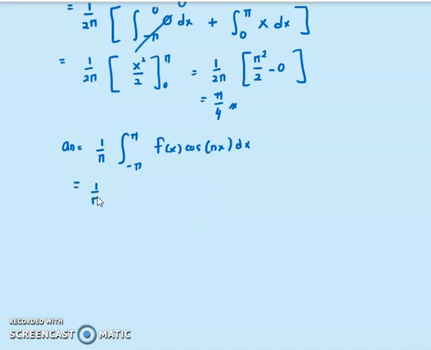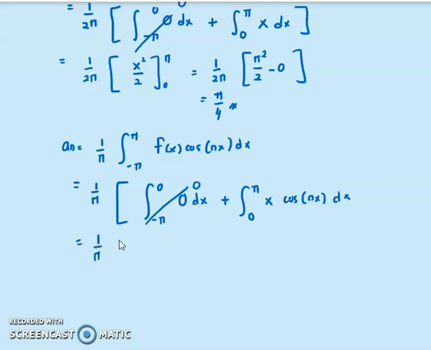Okay, the same case we have to do here. So we have 1 over pi, and we are going to integrate from negative pi to 0 of 0 dx, plus from 0 to pi of x cos nx dx. Now this is 0, so we cannot do anything in the integral here. Now we can simplify this.